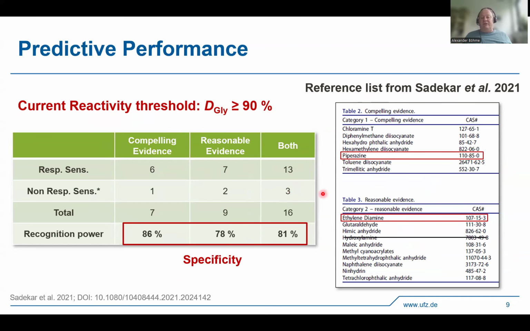Only three were not recognized by our assay, and these are, for example, again piperazine as a non-reactive respiratory sensitizer, and another one which is ethylenediamine, and it's the same as for piperazine. It's not directly reactive but needs metabolic activation. But all, or at least many, of the direct reactive respiratory sensitizers were correctly classified by our assay.